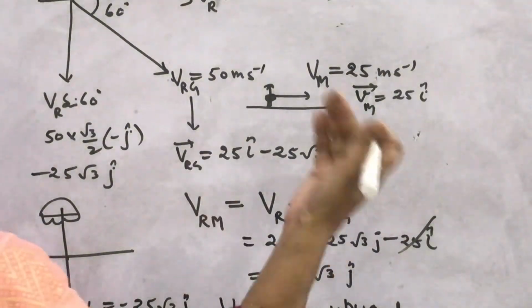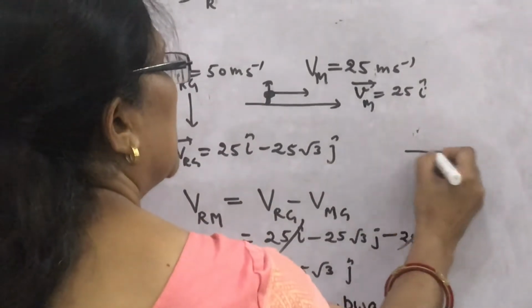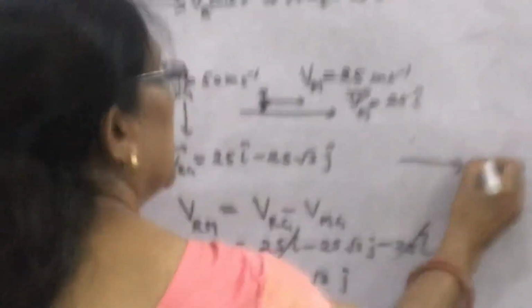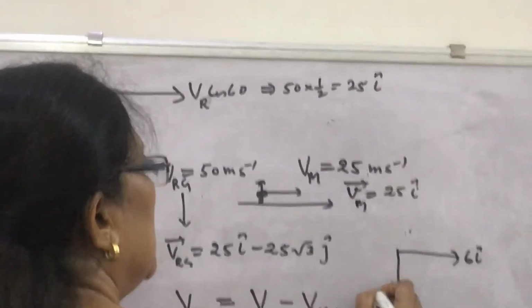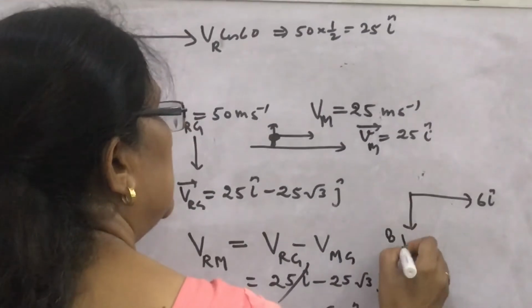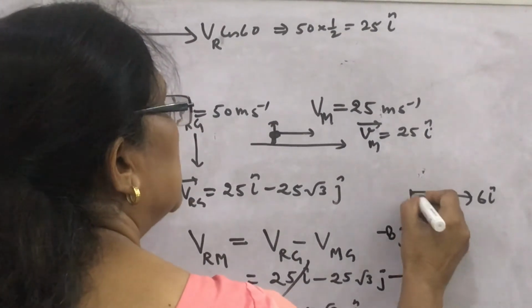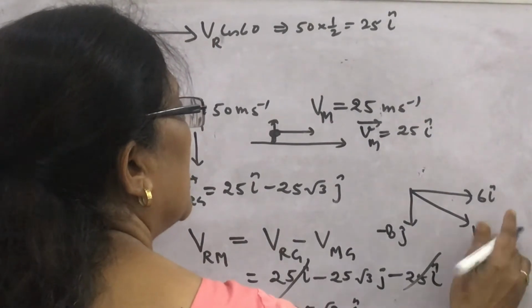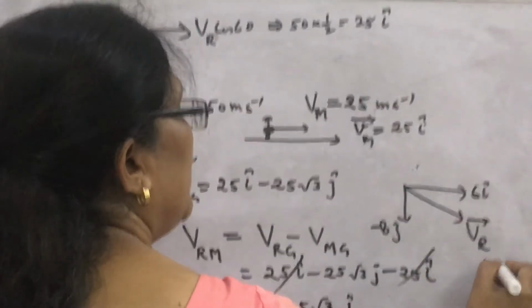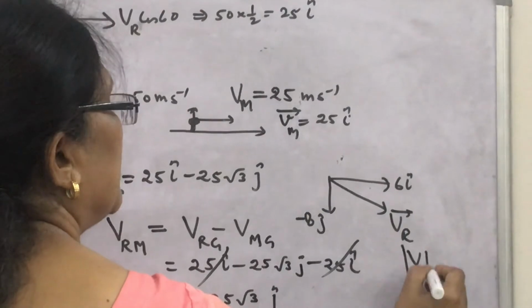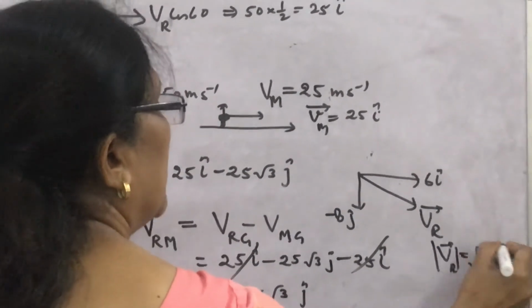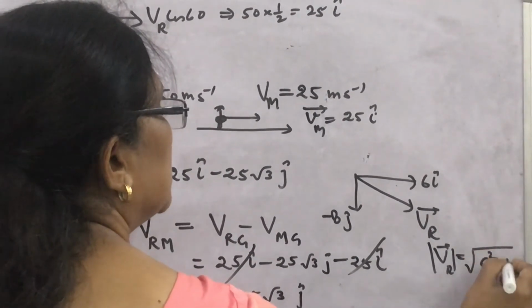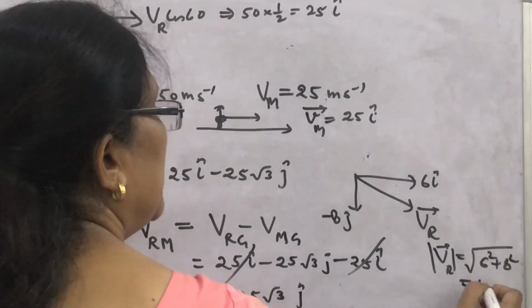For example, suppose you find this is 6i cap and this is minus 8j cap, and this is the resultant. Then VR resultant magnitude is equal to under root 6 square plus 8 square. So this will be 10.